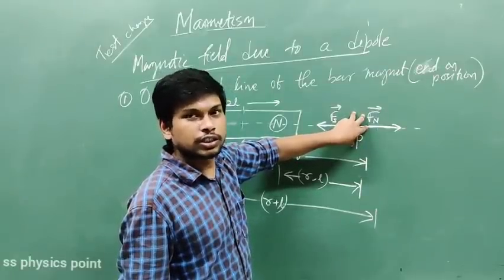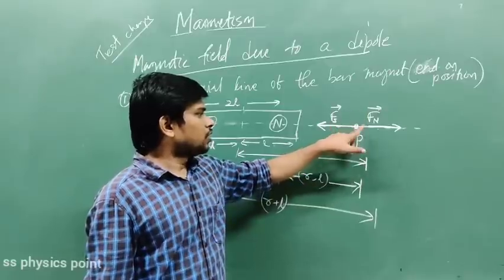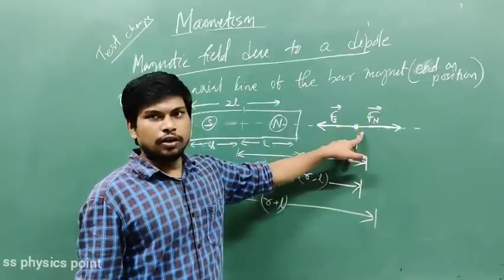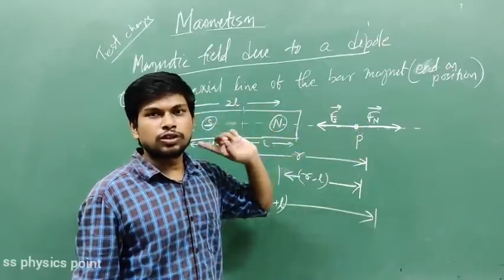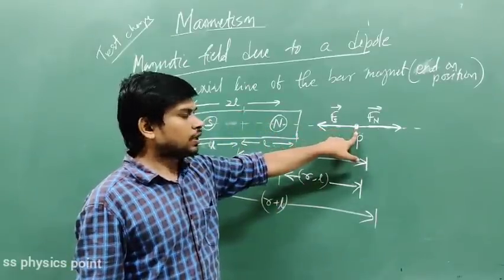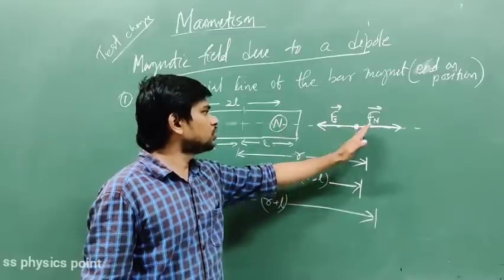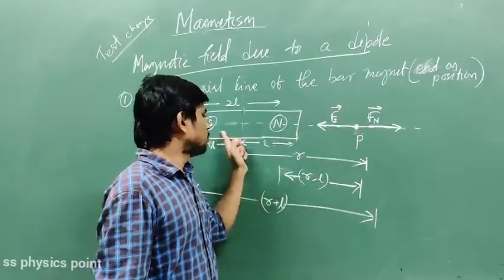There you are using a test charge, here your unit north pole. So I am taking a unit north pole here. Unit north pole मतलब उसका pole strength कितना है, 1 unit है. You are taking and keeping that here also. So you have to find the force here because of north pole, because of south pole.